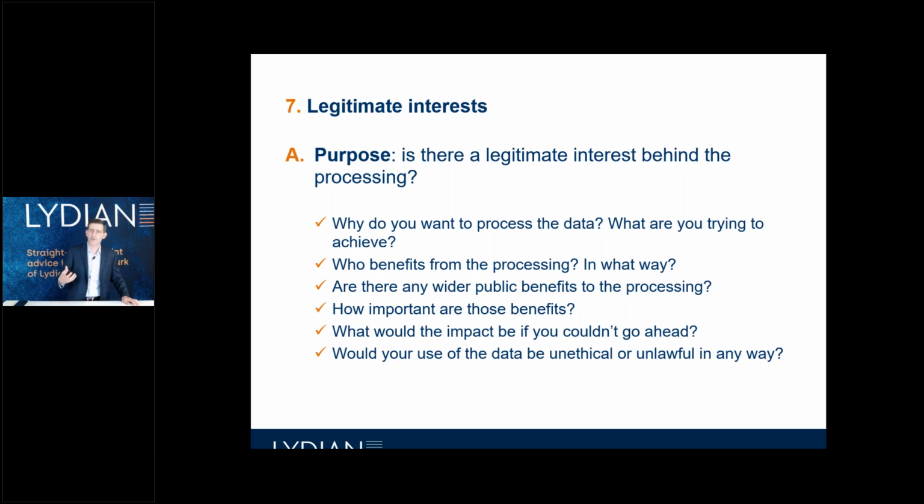What are you trying to achieve? Who is benefiting from the processing? In what way? Are there any wider public benefits to the processing? What would be the impact if you couldn't go ahead? So that's the type of questions that you must answer in this first part of the legitimate interest assessment.